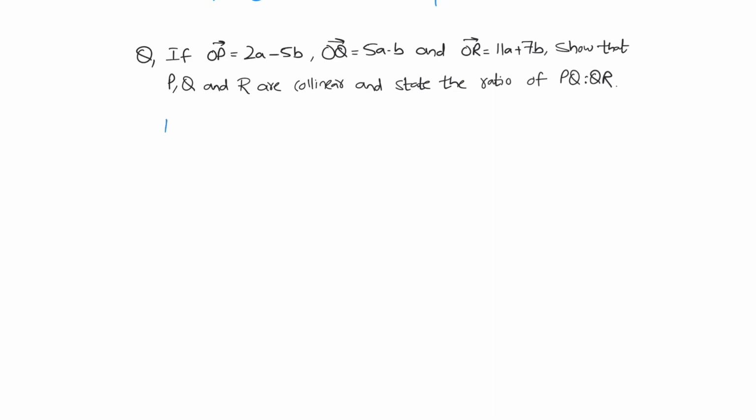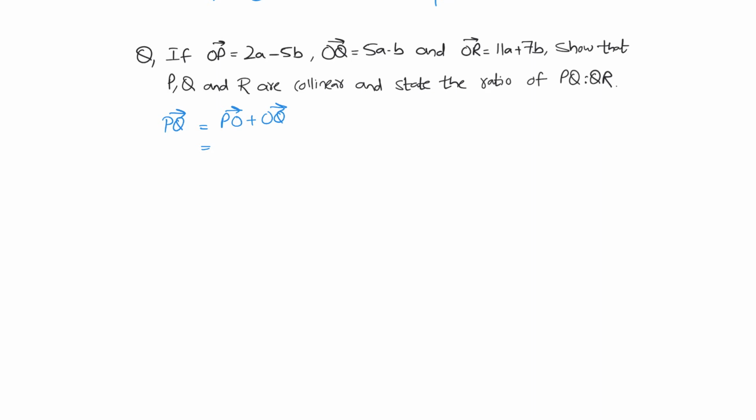So first things first, you're going to find the PQ vector. We have been given OP, OQ, right? PQ is going to be PO plus OQ, using the vector law. I have been given OP in the question.